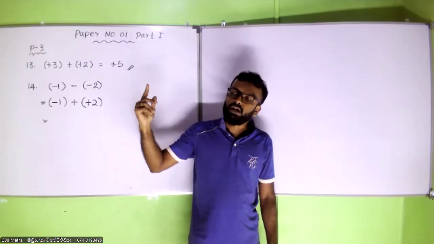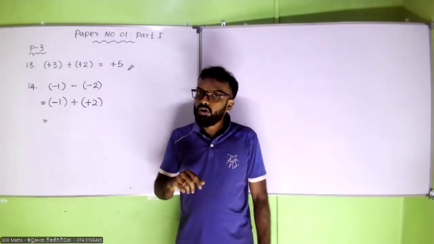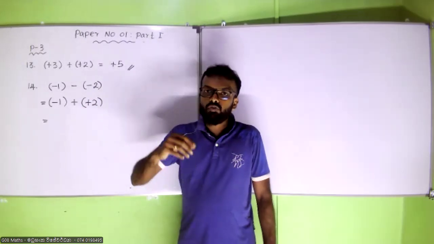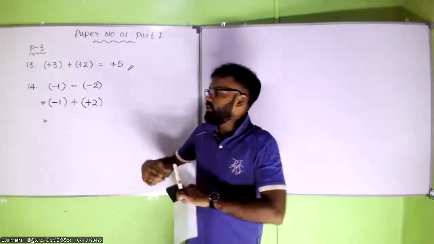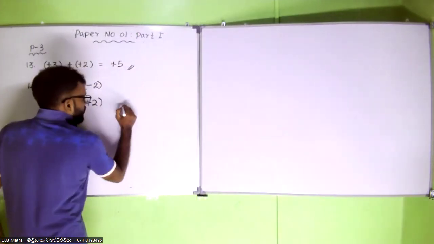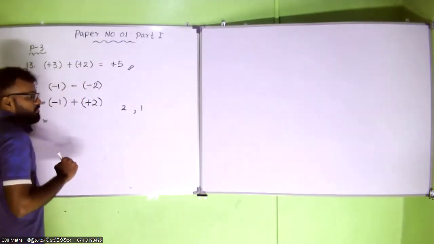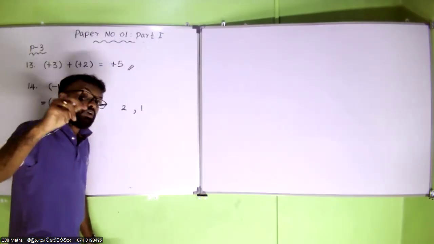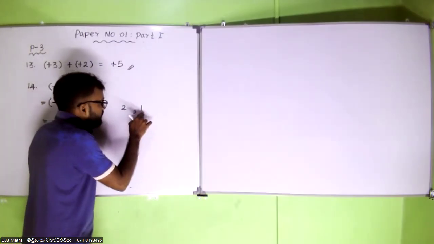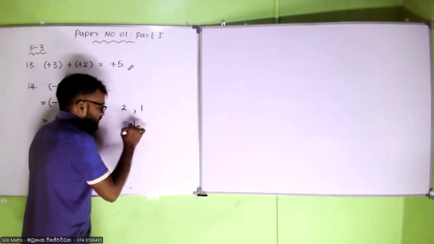What did I tell you? Take the two numbers out without the signs. Just forget the signs. We put the 2 and 1, and we get the subtraction of this: 2 minus 1 is 1.